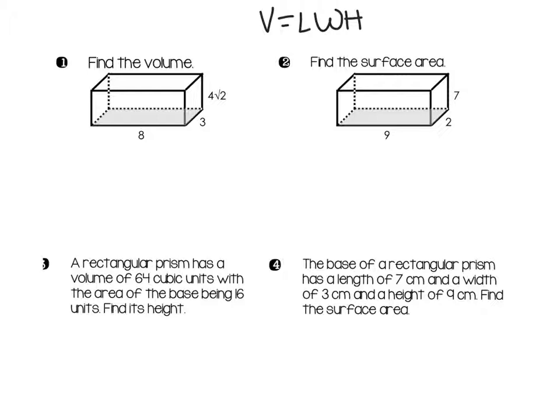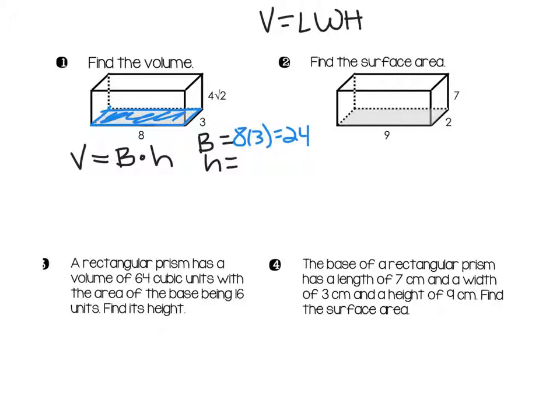So for a rectangular prism, if we're wanting to do volume, it equals the area of the base times the height. So I need to identify the area of my base and my height. Your base in this is a rectangle, and the area of that is 8 times 3, 24.